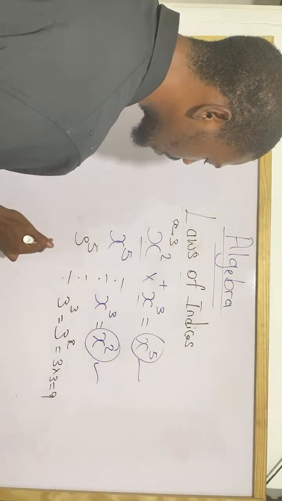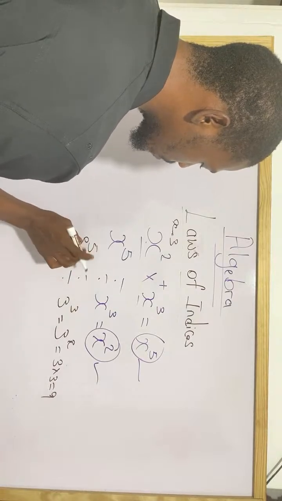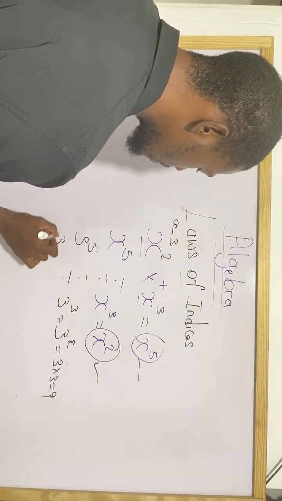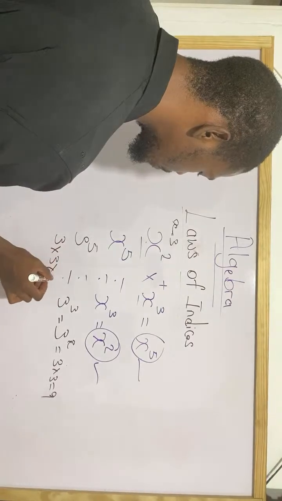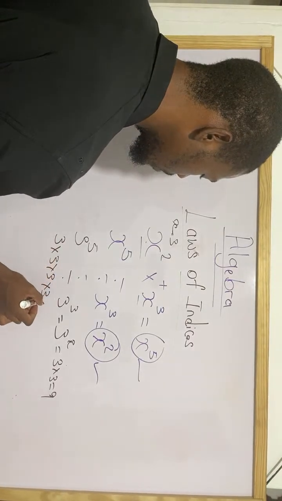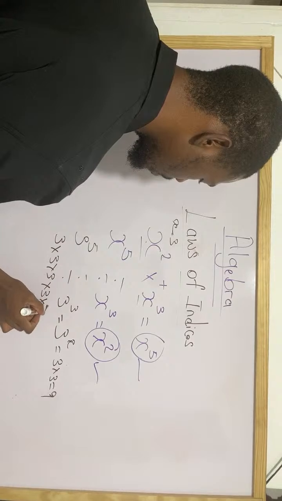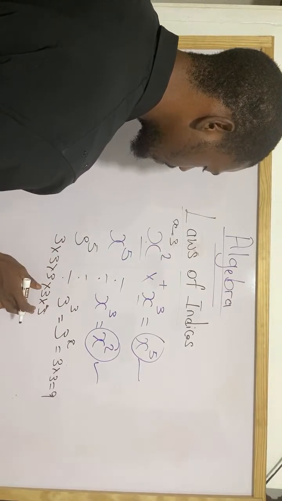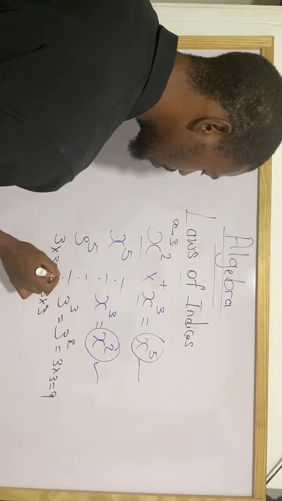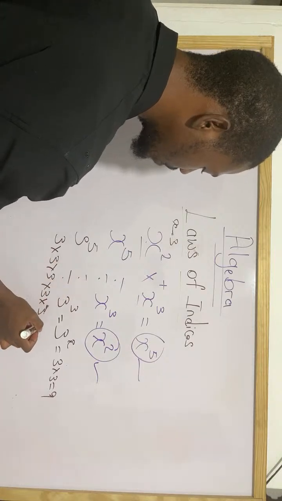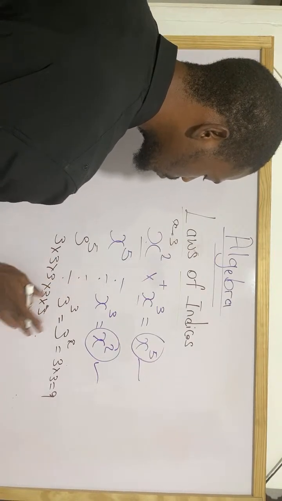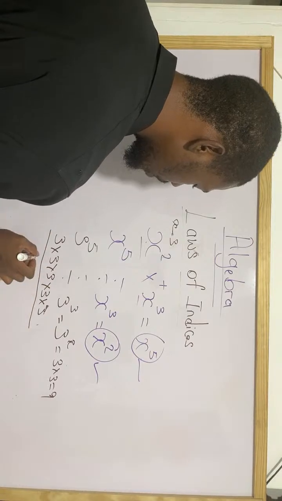So with that understanding, we can use it now and see how it works. 3 to the power of 5 means 3 times 3 times 3 times 3 times 3. 1, 2, 3, 4, 5. And then we are saying divided. So we could put the division sign here, or we could just have it being under it like that.